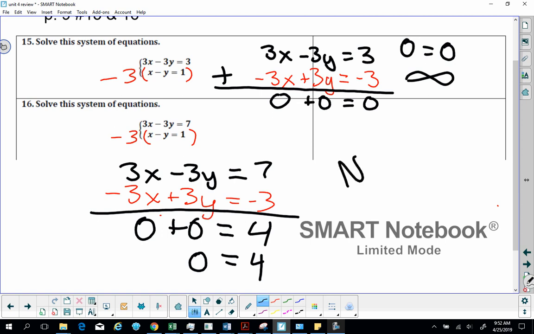It is no solution. Does anybody have a question about the difference between infinite solutions and no solutions? Great. I'll give you a couple more seconds to keep writing this down.